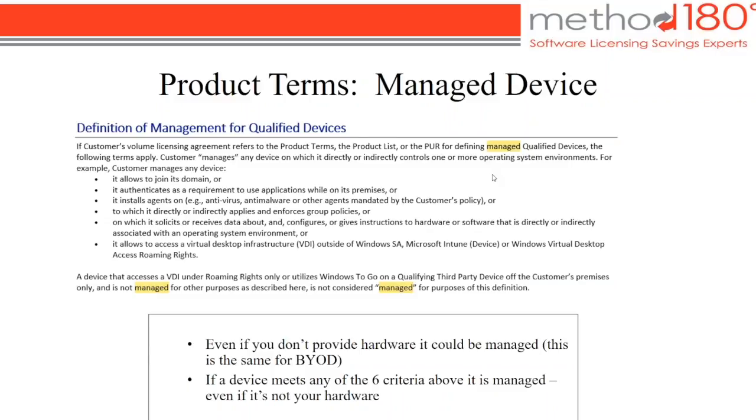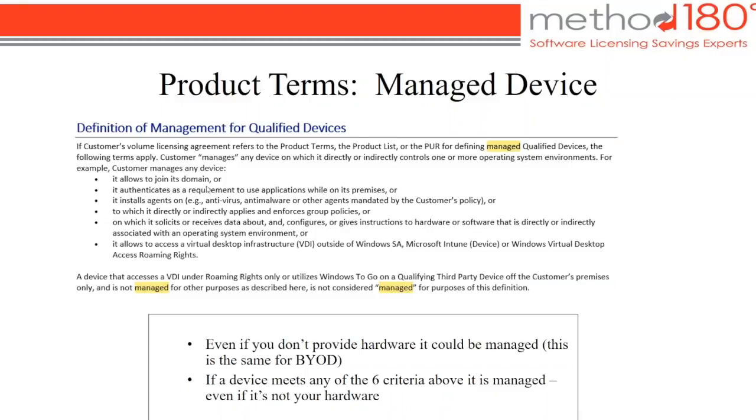But really what happens is if you look up here, and I'm not going to go through all of these in detail, there's basically 6 things that if any one of these 6 things is happening, then it's a managed device. One of the key things, it allows it to join to a domain.